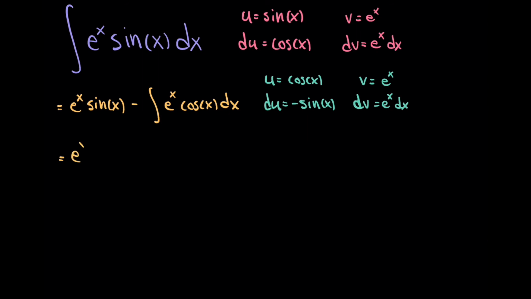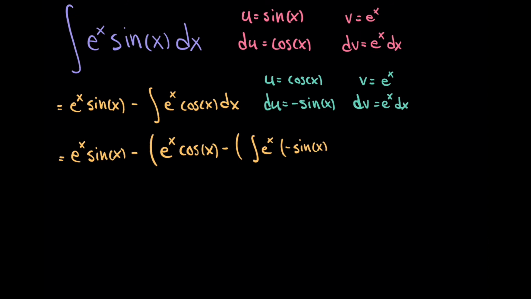From before, we have e to the x sine x, and then we have minus all of this. We're going to have u times v, so e to the x times cosine x, and this will be minus the integral of v times du. So this is equal to the integral of e to the x times negative sine x.